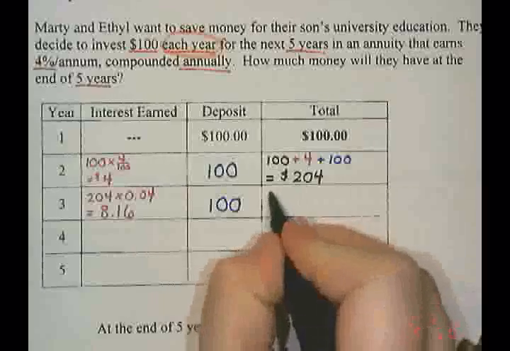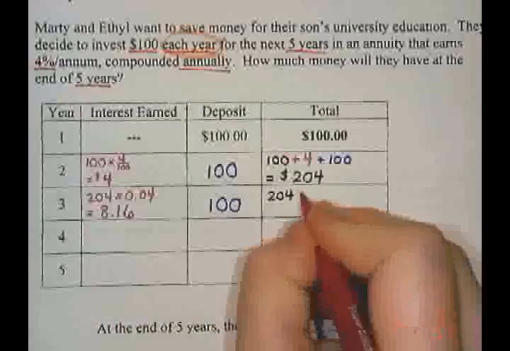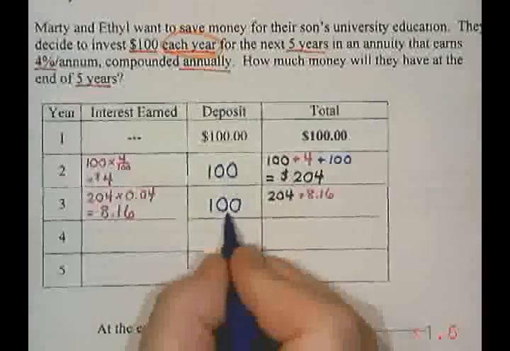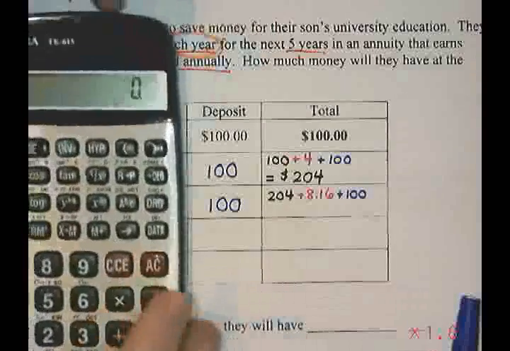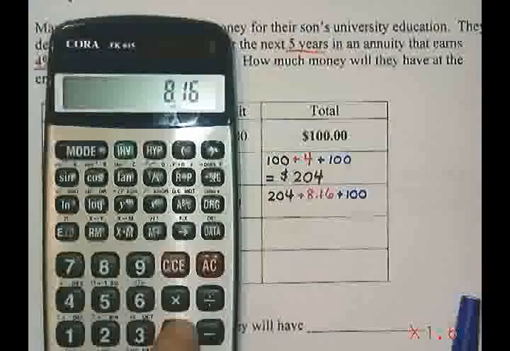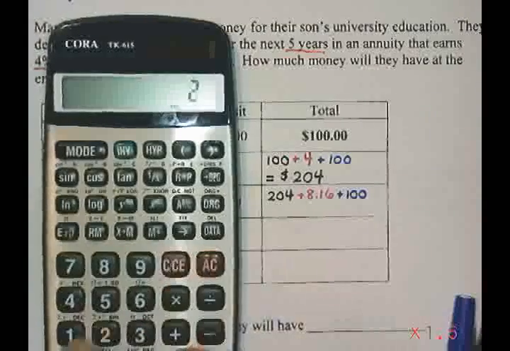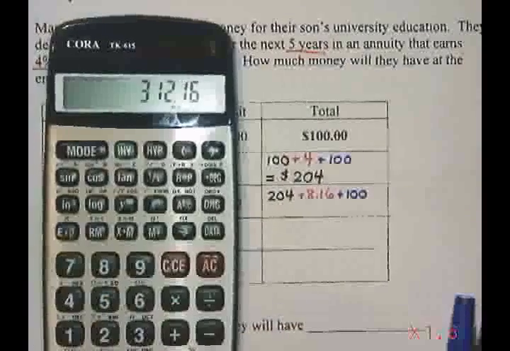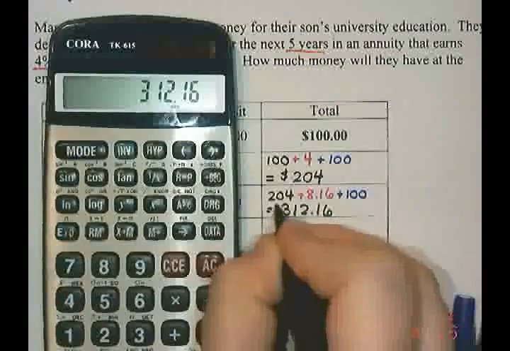So they have that $204 that they had at the start. They add to it $8.16, and then they put in another $100 into the account. So $204 plus the interest of $8.16 plus that new deposit of $100 means they now have, let me do that one more time, 204 plus $8.16 plus $100 means they now have $312.16.